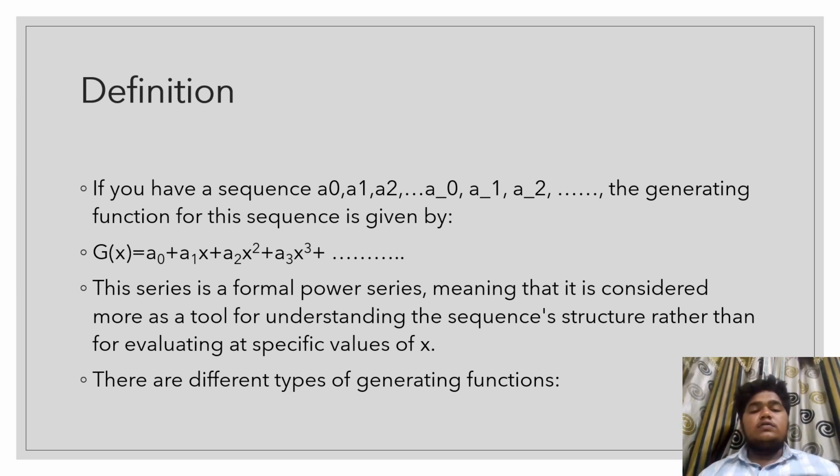This series is a formal power series, meaning that it is considered more as a tool for understanding the sequence structure rather than for evaluating at specific values of x.